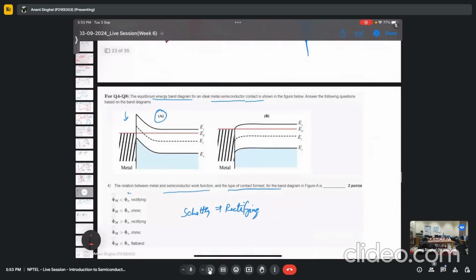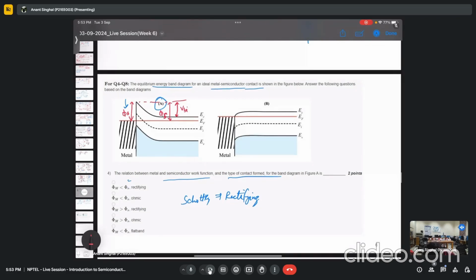So what I can write is, this will be the barrier height phi b. This will be V_bi if you are all aware. And this will be phi m. So it has been aligned, so this will be, sorry, phi s. This is the same case, which is option C. Is it clear to everyone?